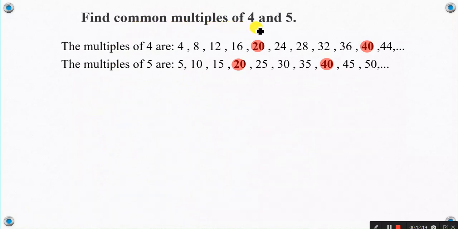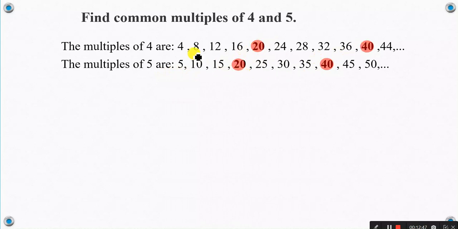Find the common multiples of 4 and 5. Let us list some multiples of 4. 4 times 1, 4, 4 times 2, 8, 4 times 3, 12, 4 times 4, 16, and it will continue. The multiples of 5 are these. So we have 20 in common, found in both multiples.